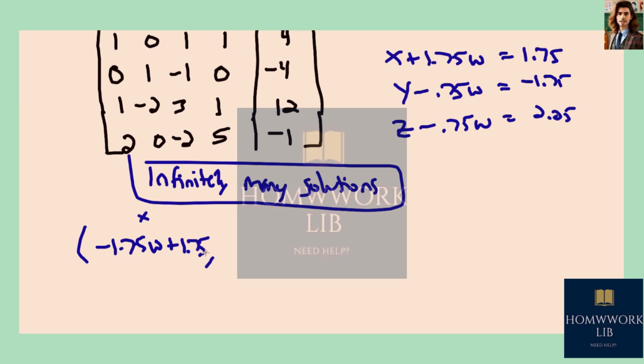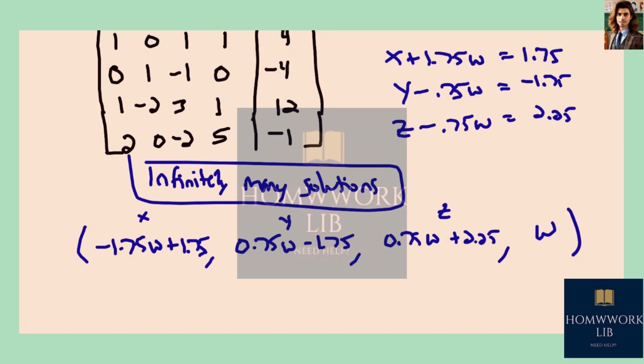Y is 0.75w minus 1.75. Z is 0.75w plus 2.25. And w is w because x, y, and z are in terms of w.